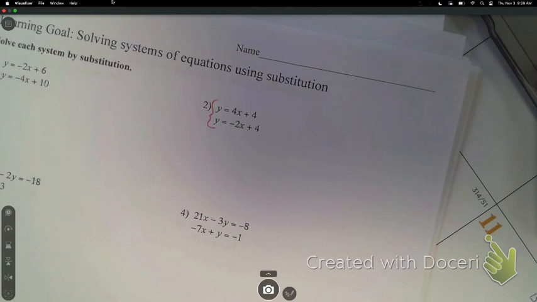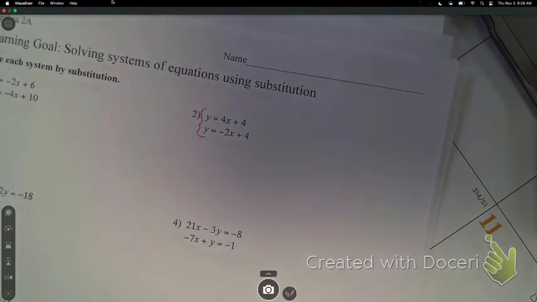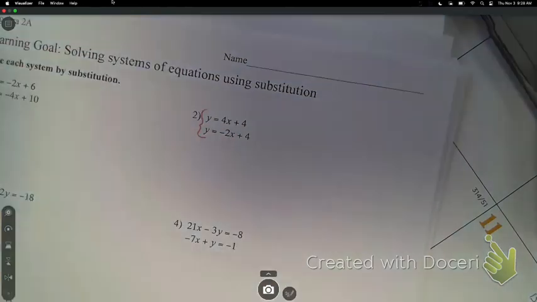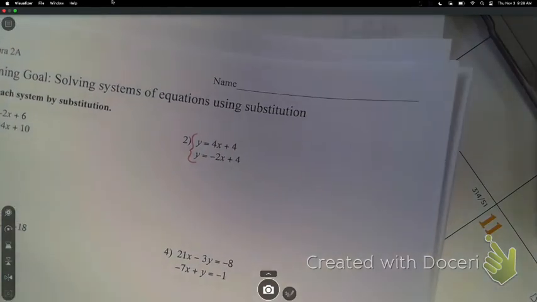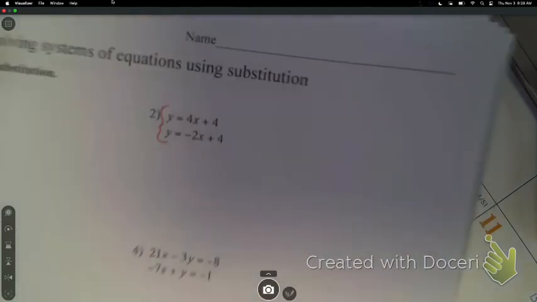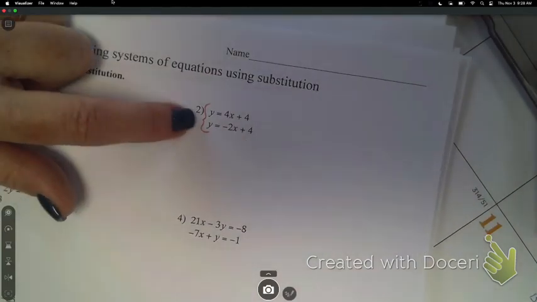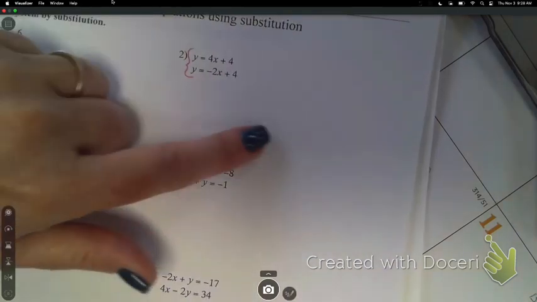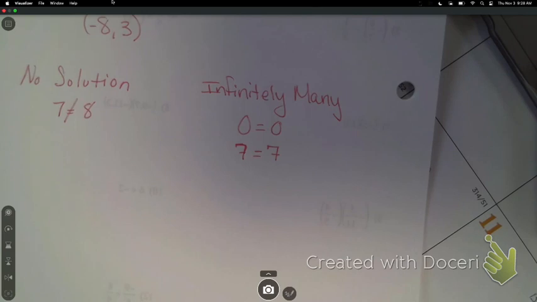Without that, it technically isn't a system. I don't understand why the worksheet program that I use to make these doesn't put that in there. Because without it, it's just two random equations. So if you would please add these on here, it's really not that hard. I don't know if you're going to have enough room on here. Some you might, others you might not.